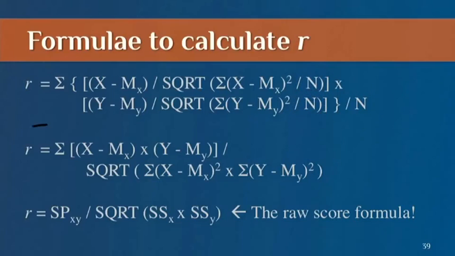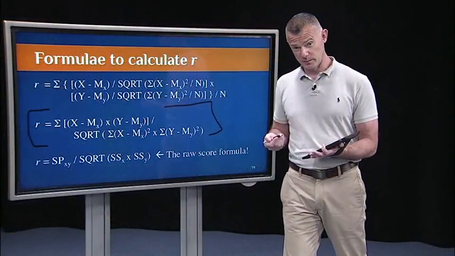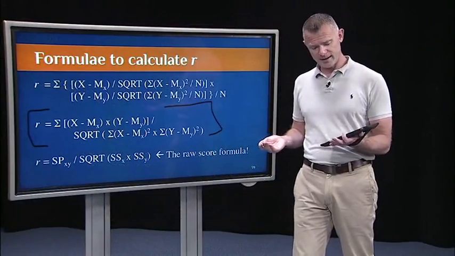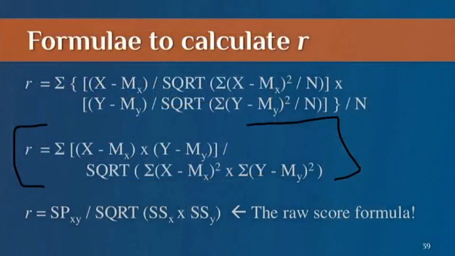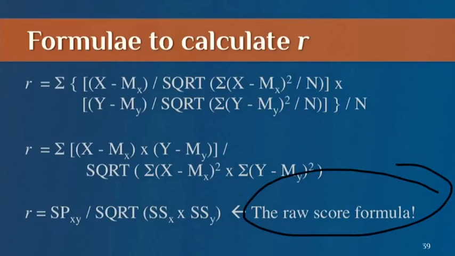We can reduce that formula at the top to this formula in the middle. And if you take a close look at that formula in the middle, it's sort of cool, right? Because it's the sum of cross products in the numerator, and then sums of squares for x and sums of squares for y in the denominator, which, remember, is the raw score formula.